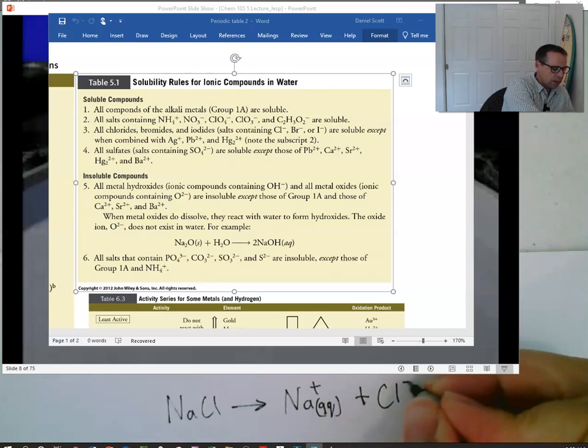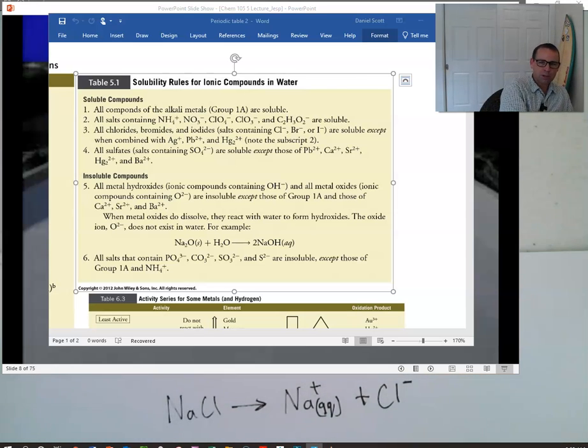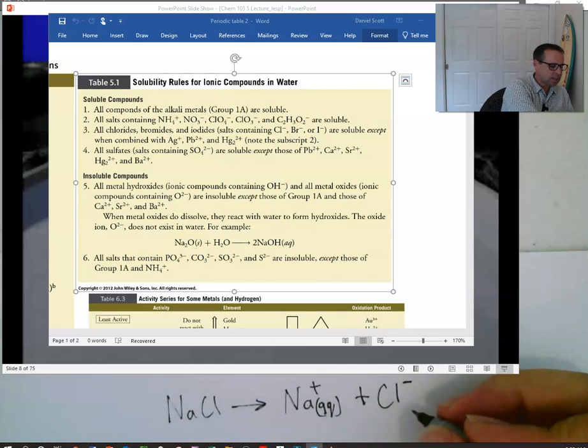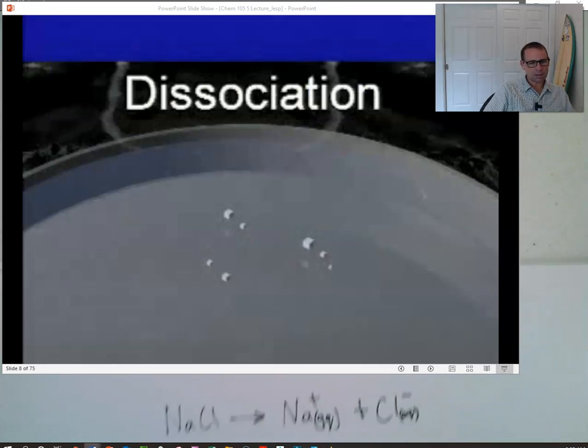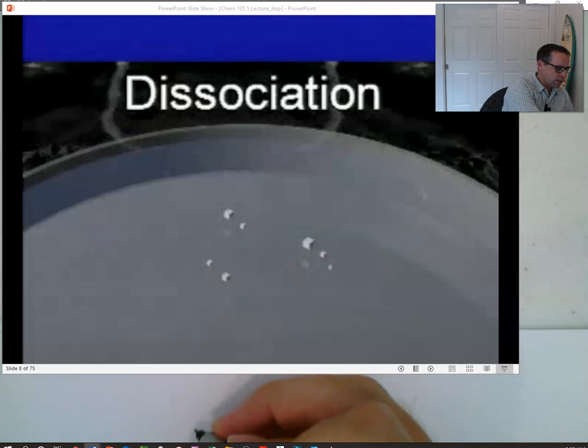The chloride ion also is separate from the three-dimensional lattice and is floating around with a bunch of water molecules. So this is dissolving, but it's a special kind of dissolving which we call dissociate. Can you say dissociate? Dissociate. Very good.